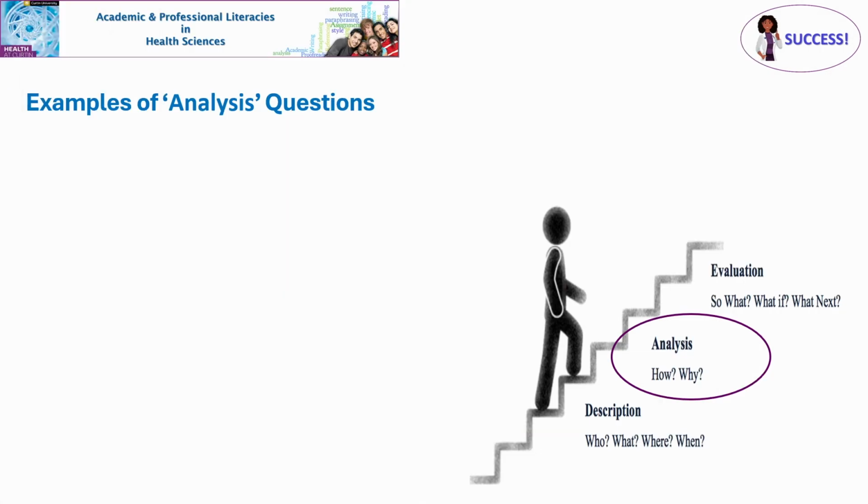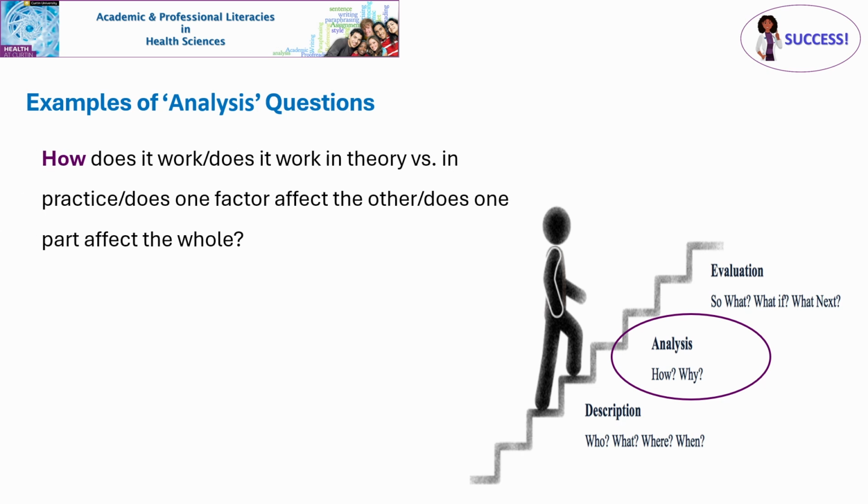Now we can go to the next level of analysis. So questions like, well, how does it work? Does it work only in theory or theory and practice? And what evidence is there around the practice, the theory in practice? Is there one particular factor that affects another? And does one limiting factor affect everything?